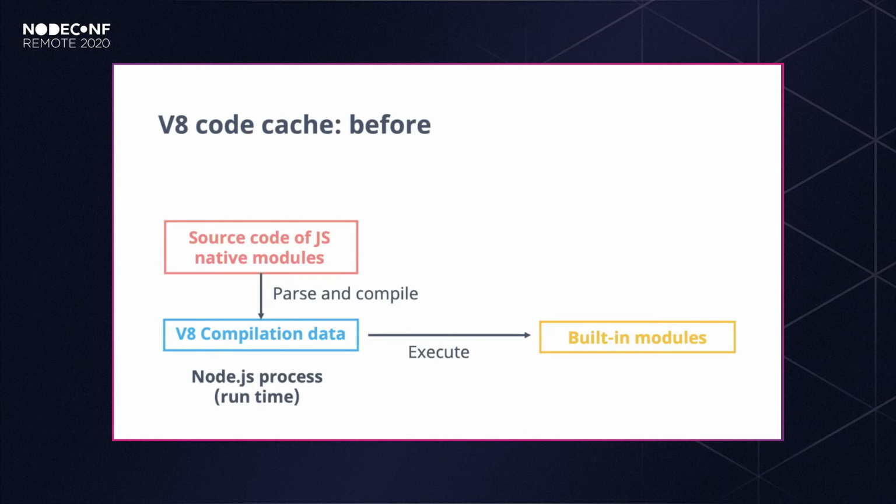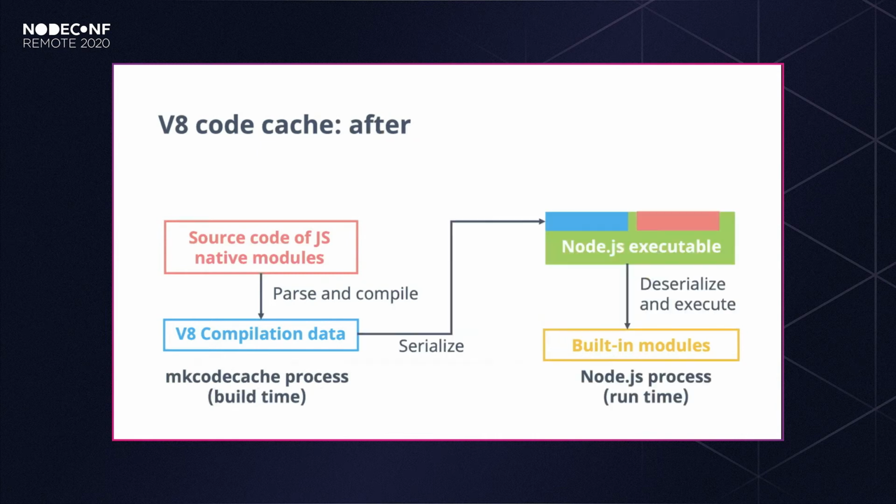In Node 14, we integrated V8 code cache to speed up the compilation of internal JavaScript modules. Before the integration, we needed to parse and compile the source code of these modules at runtime before executing them to create built-in modules. After the integration, we compile them at build time and serialize the compilation data, which is embedded into the executable.